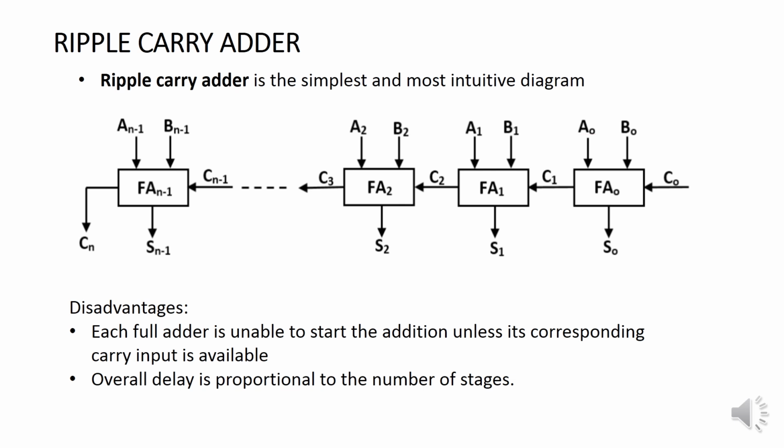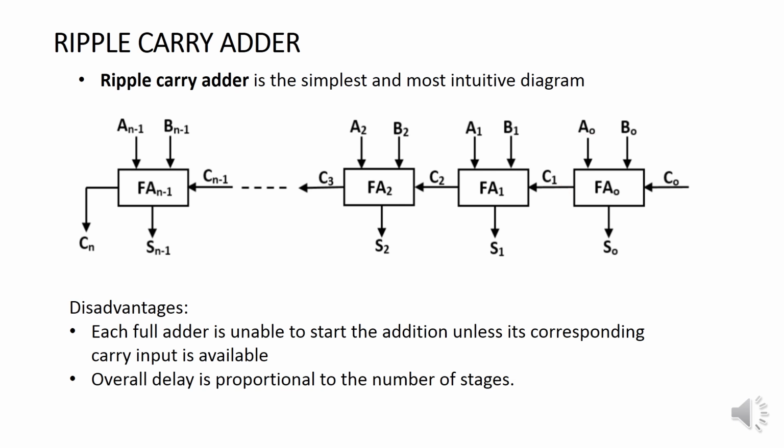But the Ripple carry adder, although perfect from the point of view of process, has some disadvantages. First, each full adder is unable to start the addition unless its corresponding carry input is available.